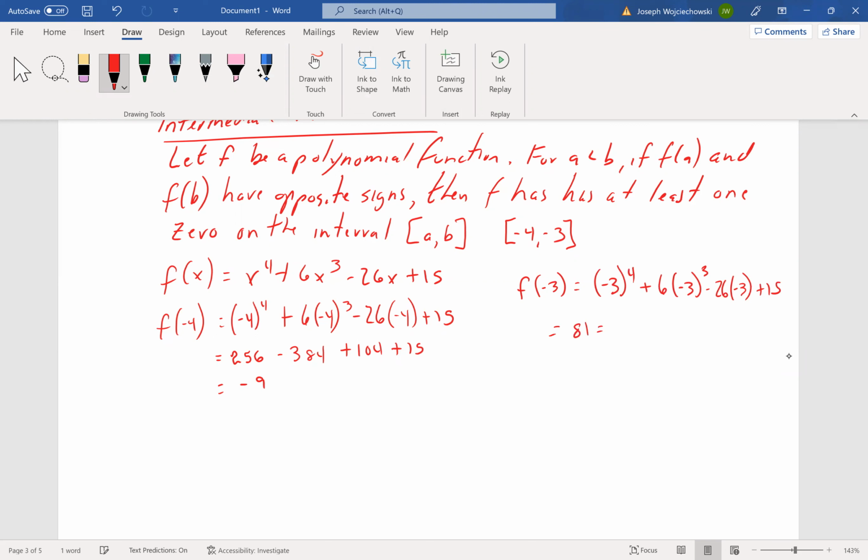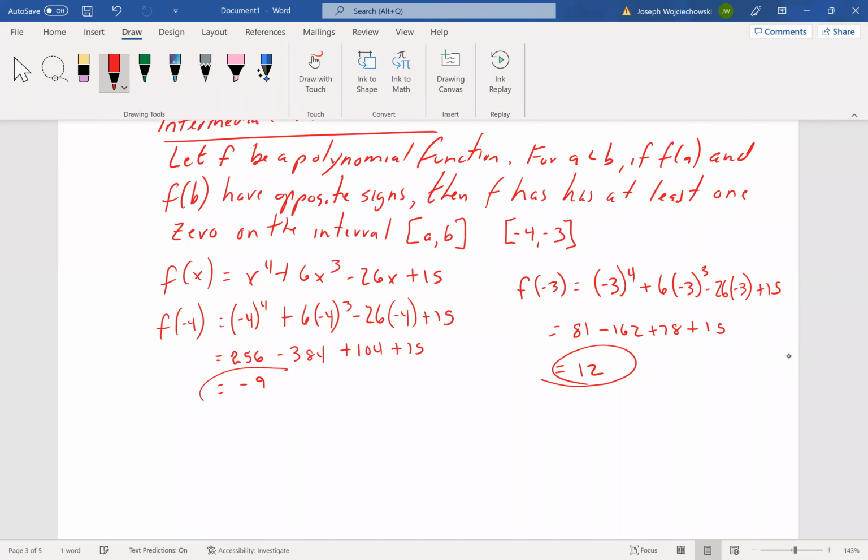This becomes 6 times -27, -162, -26 times -3, plus 78, plus 15. So 81 minus 162 plus 78 plus 15. And I get positive 12.